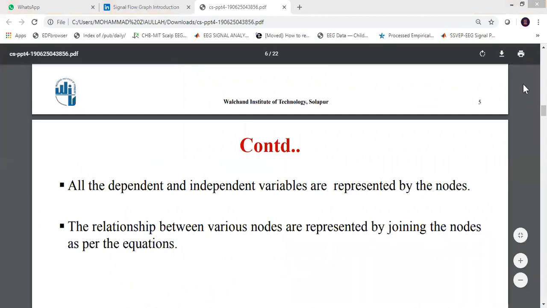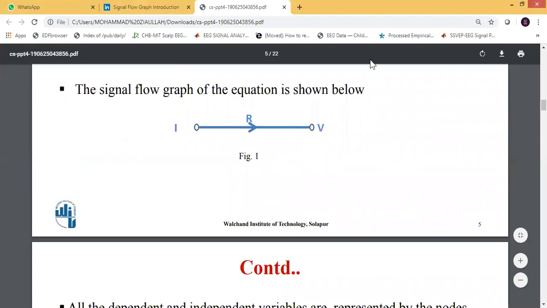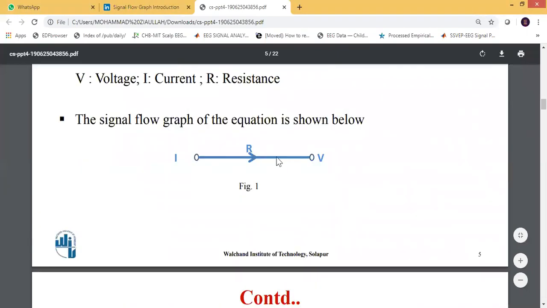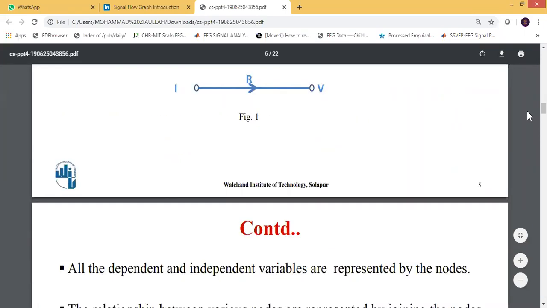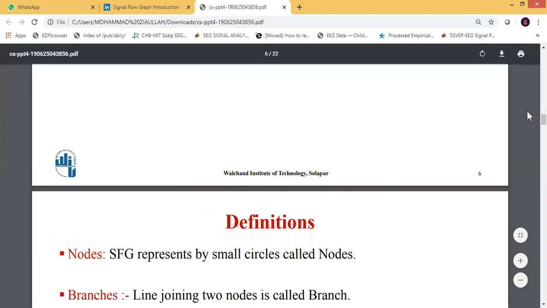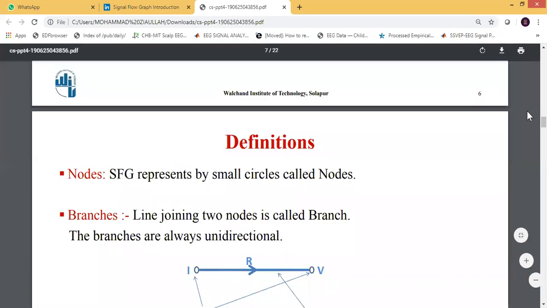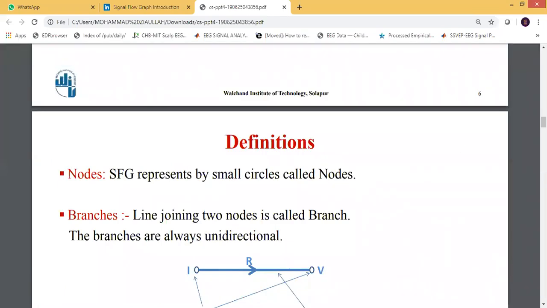Here I have just joined these two nodes from I to V, and this gives me the relationship between the two nodes I and V. Therefore, this is how the signal flow graph is represented.